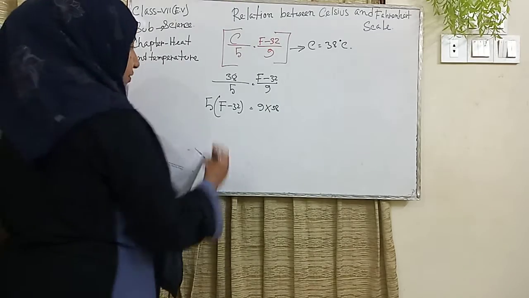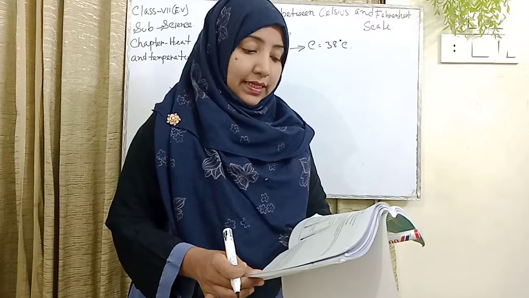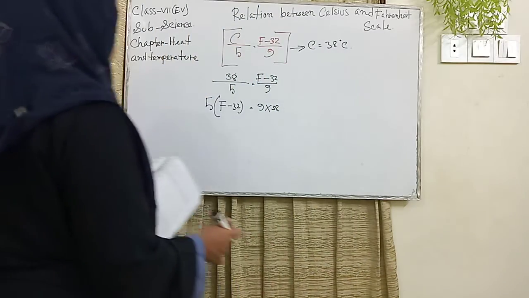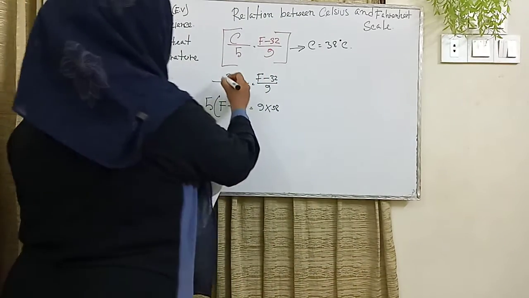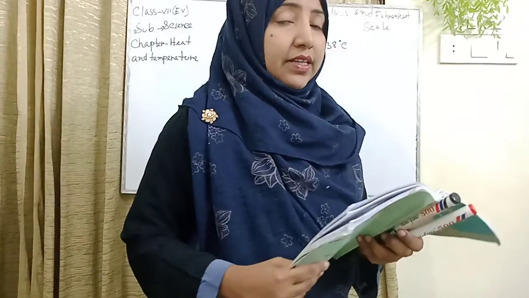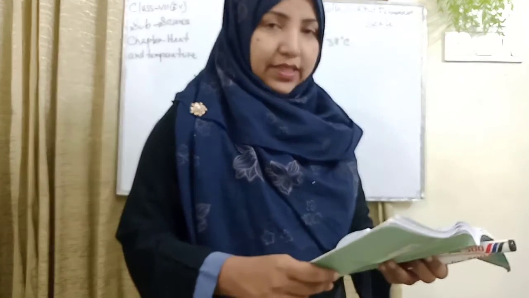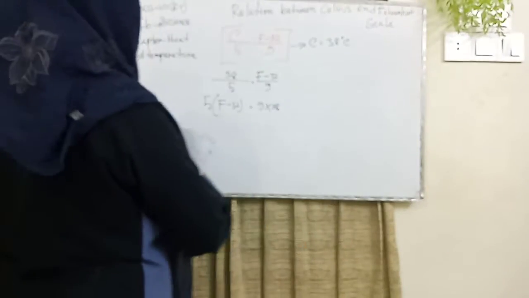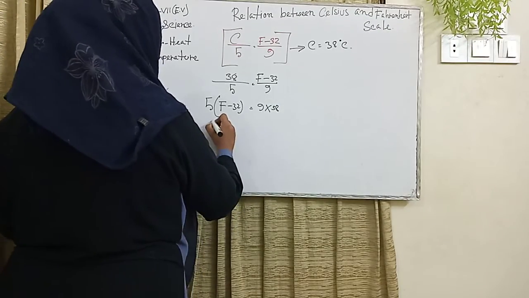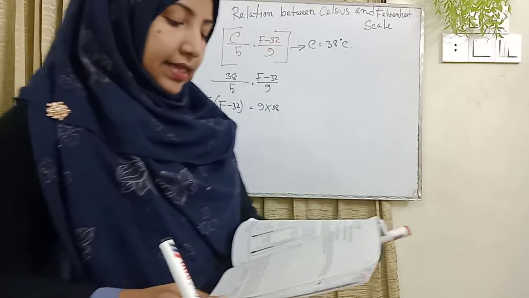Please everyone see the books. Therefore, 38 divided by 5. In the question, the doctor measured his temperature as 38 degrees Celsius, so 38/5 = (F - 32)/9.